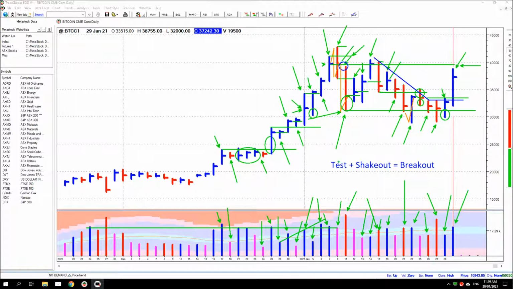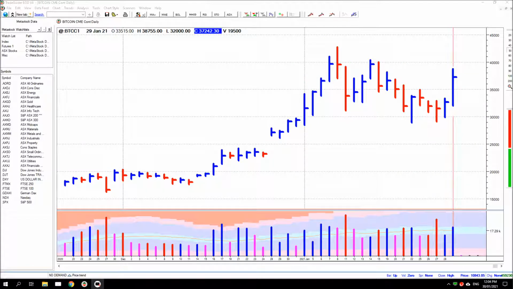And just on the test plus shakeout equals breakout, sometimes you'll see it be shakeout plus test equals breakout, but it rhymes better that way. And funnily enough, you'll often see it more often that way, and then an intraday test like this to follow. Now we'll just remove all of that scribble and just look here at the last bar.